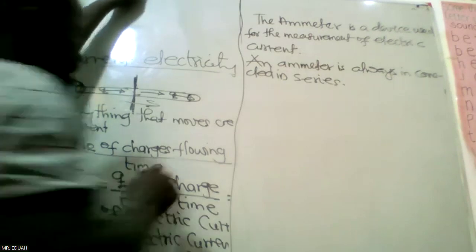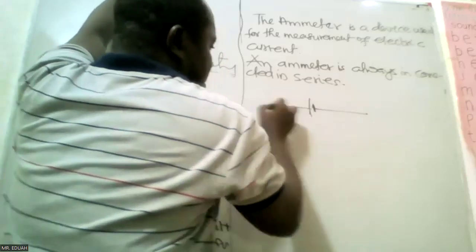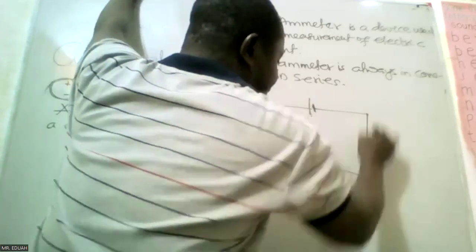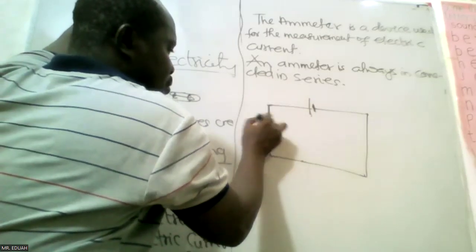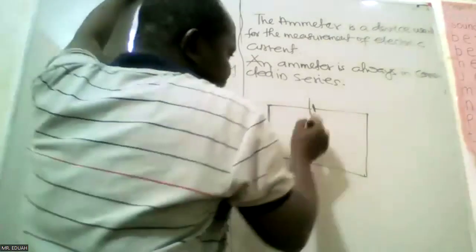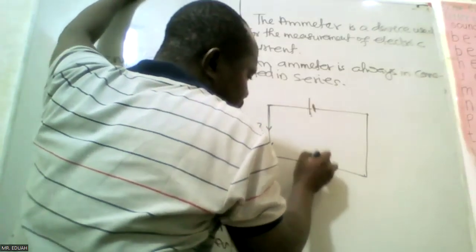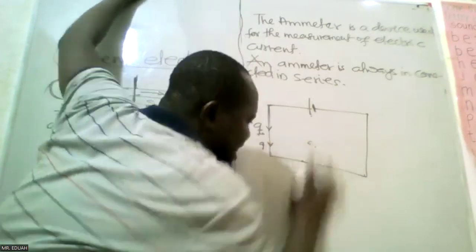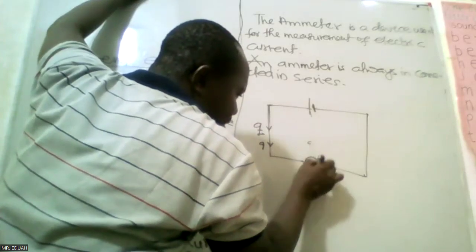The reason is that, as I told you, if this is a source of EMF, a battery, and we are looking for the current flow, the movement of the charge which creates the current, the charges move within the conductor. So if you want to measure the number of charges crossing, then you must break the circuit and put in the instrument.